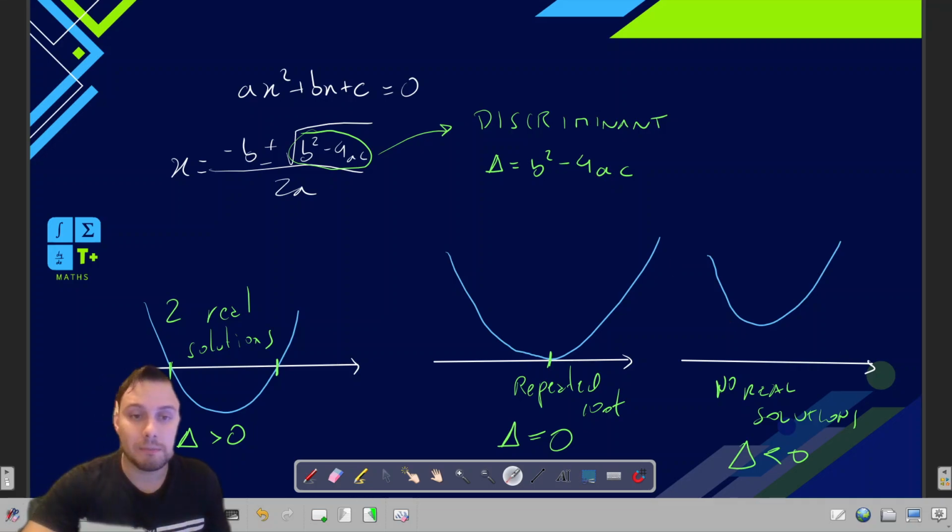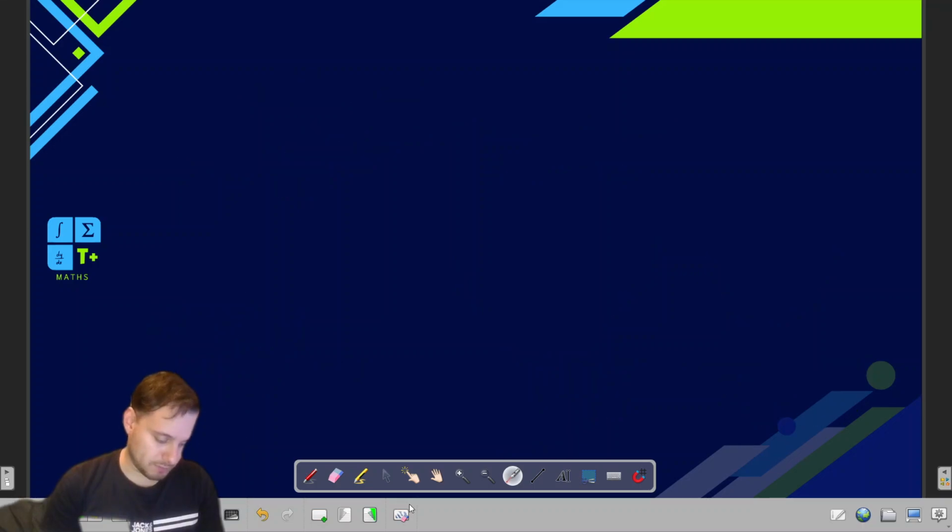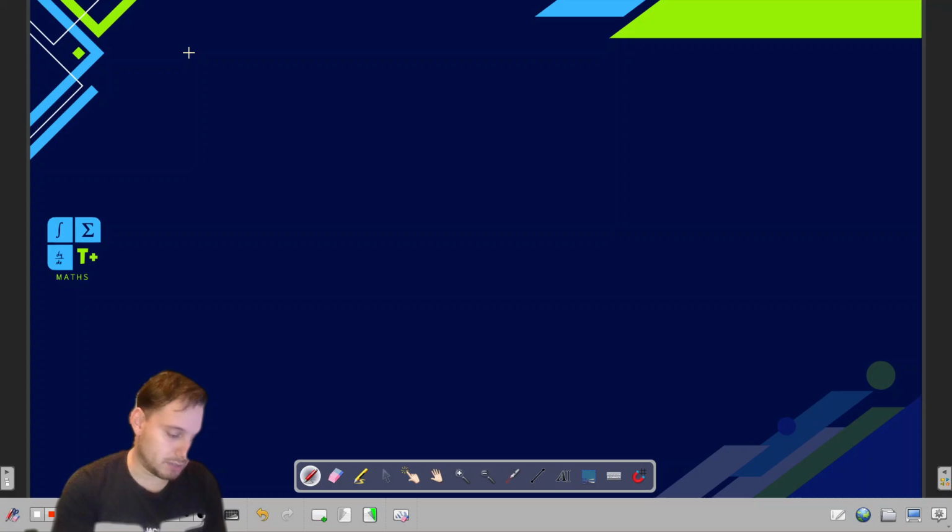So how can we put this in practice? We're going to look at two different exercises: one that has to do only with the number of roots, and then one that has to do with intersections. We begin with example number 1.